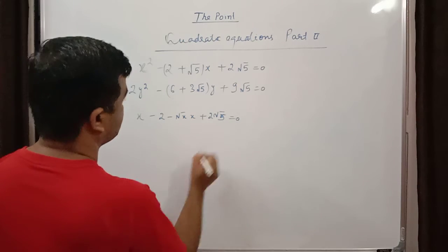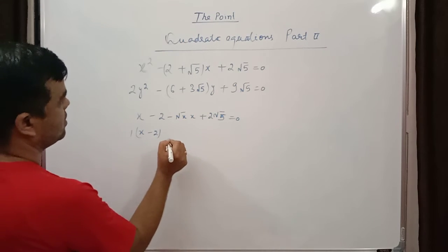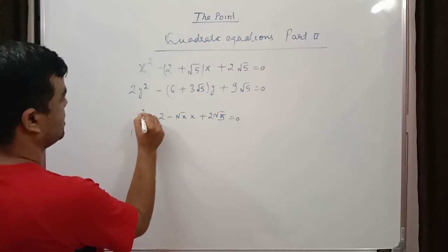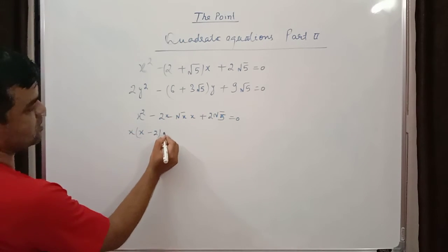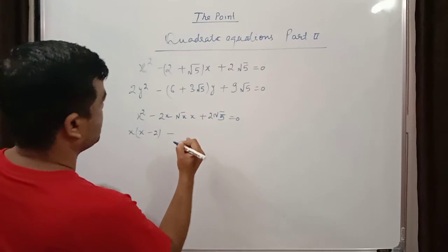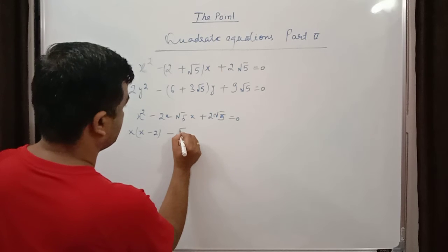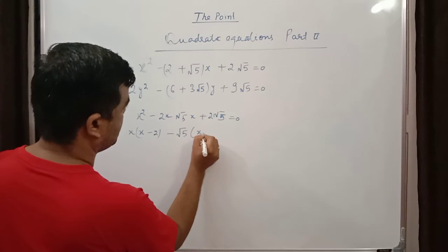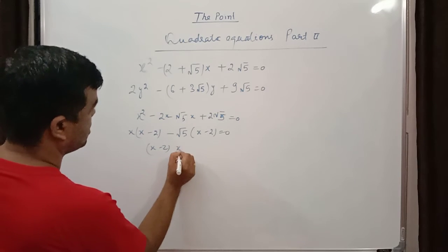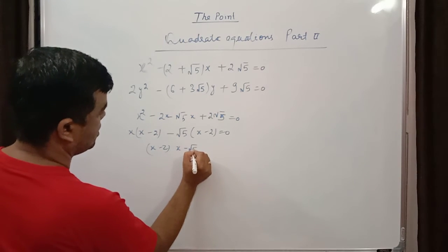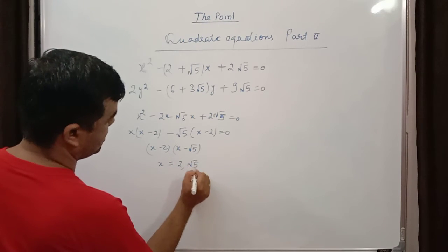Okay, nothing you have to do here. x is common, x square minus 2 minus root 5 common, x minus 2 is equal to 0. So x minus 2, x minus root 5, x is equal to 2 comma root 5 will be the roots of x.